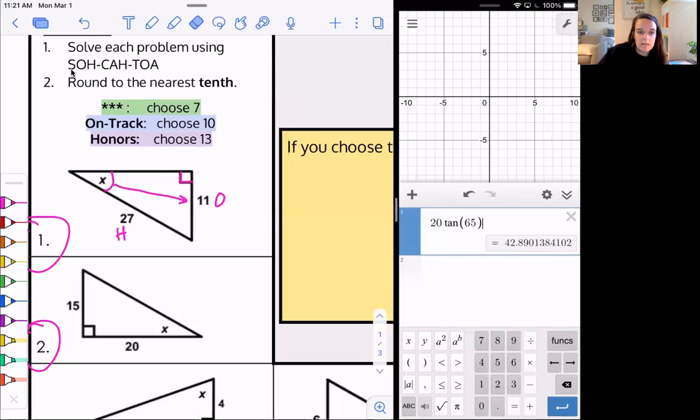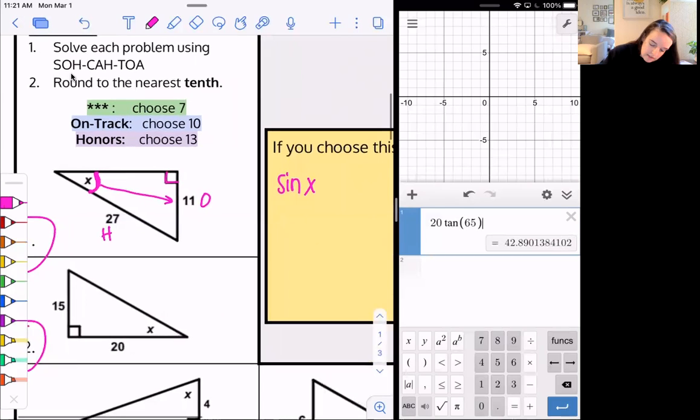So, right? The S stands for sine. So that is going to be how I start to set up my equation. So I'm going to write sine of x, right? Because I don't know what my angle is, equals 11 over 27. I chose that order because this tells me the order opposite over hypotenuse. So opposite 11 over hypotenuse 27.